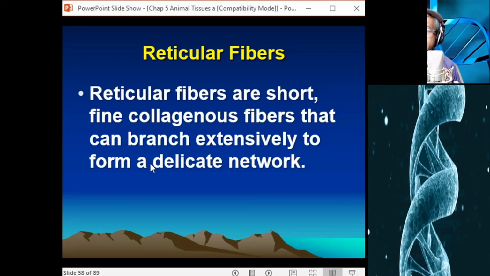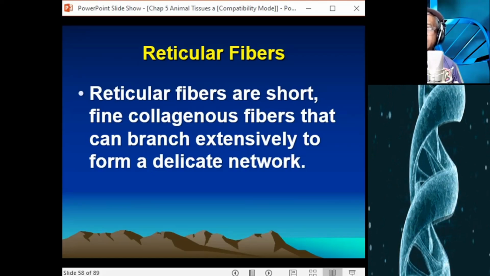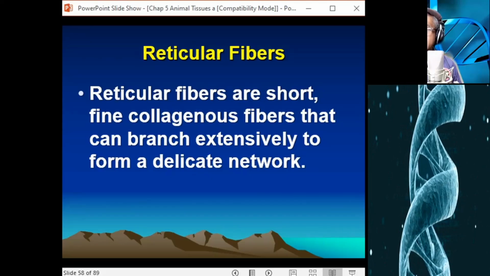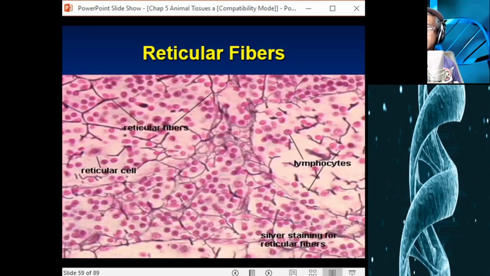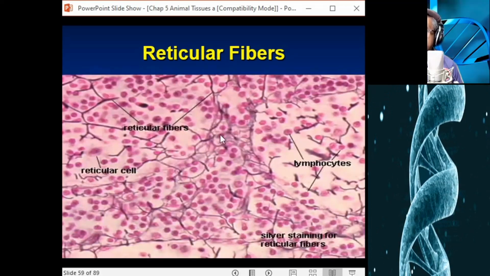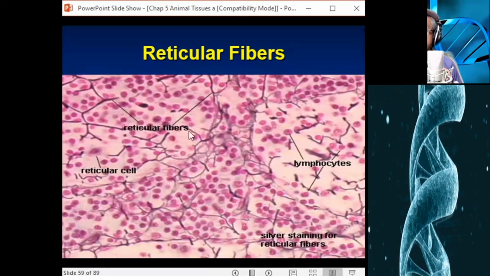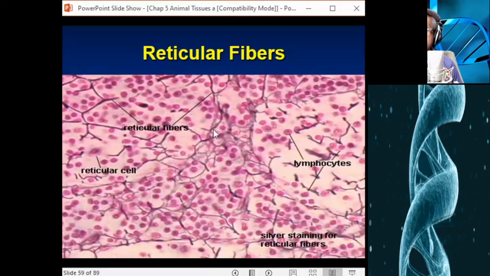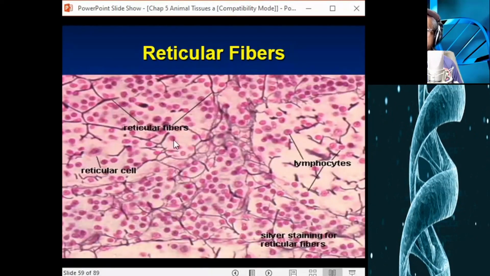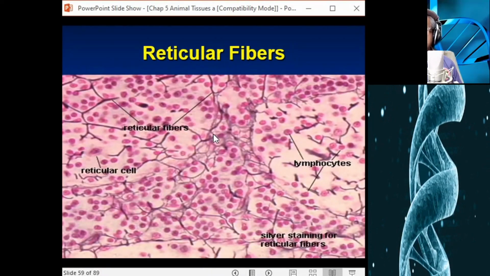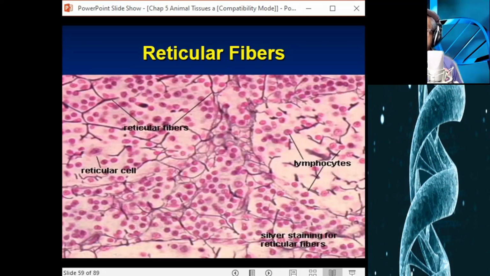Ayan, so they are short, fine, collagenous fibers that can branch extensively to form a delicate network. Ayan, no? So these are liver cells actually, no? And they form a network of fibers to give support and maintain more or less the shape of the organ.